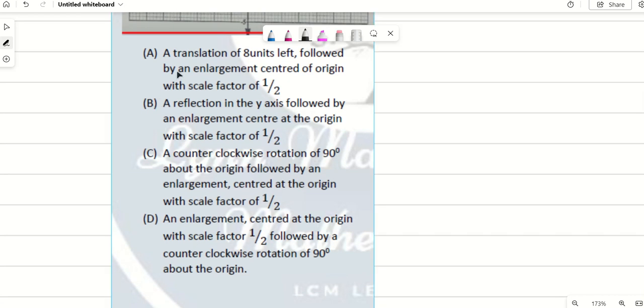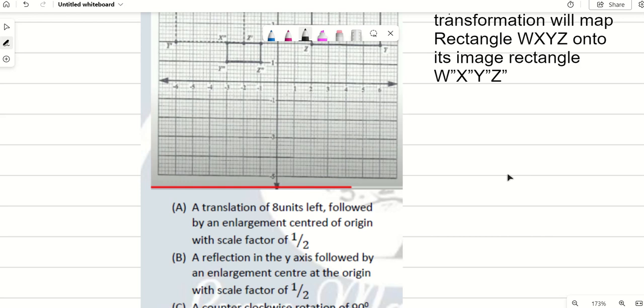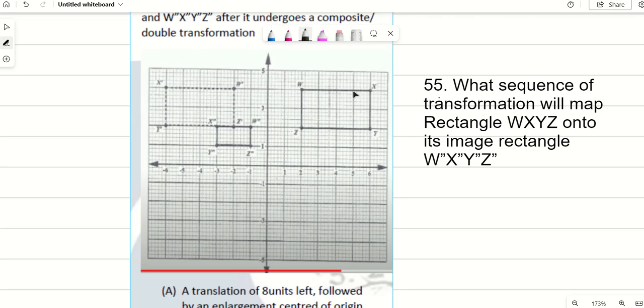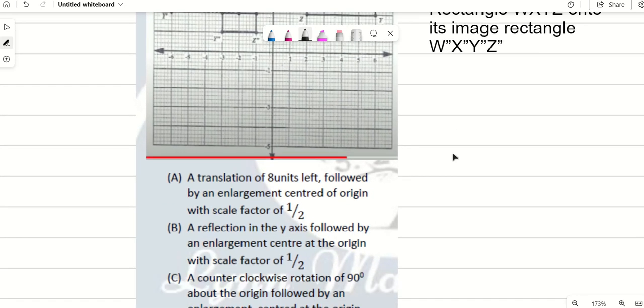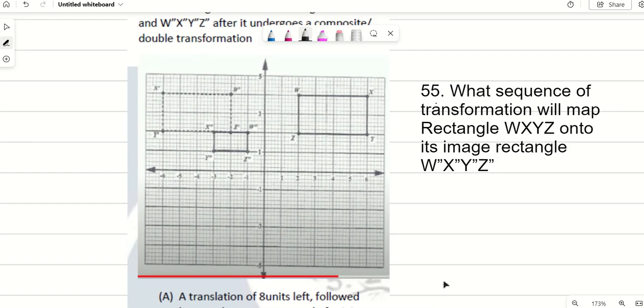So the first thing is, is that a translation? If it was a translation, W, X, Y, and Z would be in the same formation. This is X, W, Y, Z, so it's not a translation. If it is a clockwise rotation of about 90 degrees, the rectangle would not be horizontal, but more vertical.